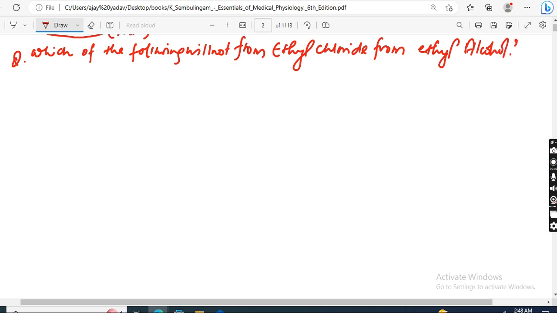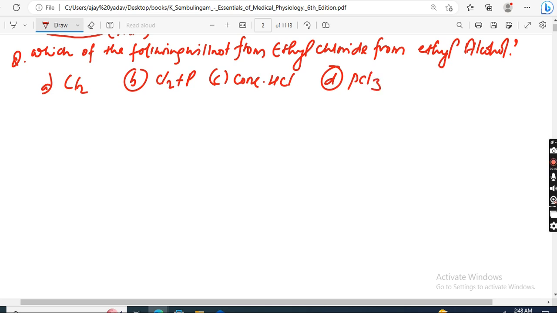Okay, first is Cl2, second is Cl2 plus P, third is conc HCl, fourth is PCl3. So we have seen this, either from PCl5.